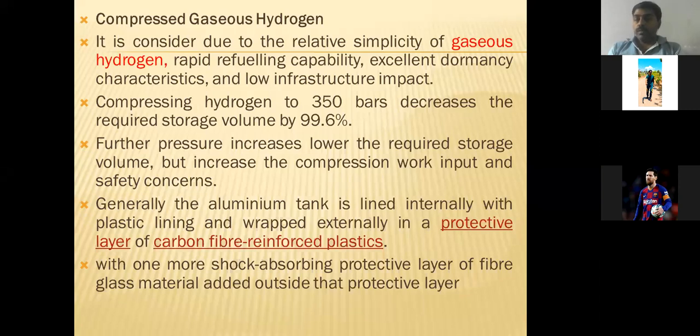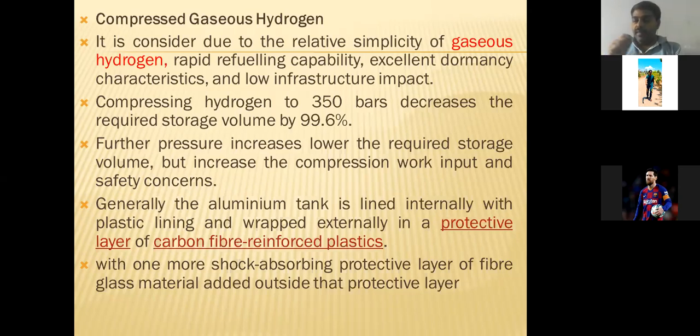When you increase the pressure beyond a specific limit, you get a negative effect. Suppose up to 350 bar it can be compressed. If I go from 350 to 360, I need to incur more energy, which is not economically feasible for you.